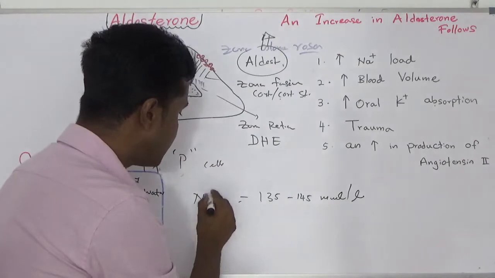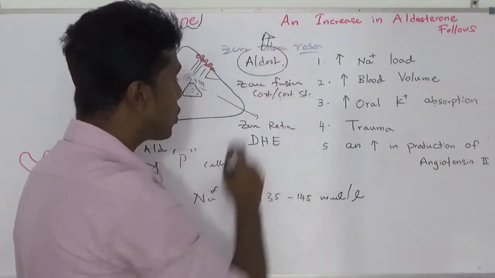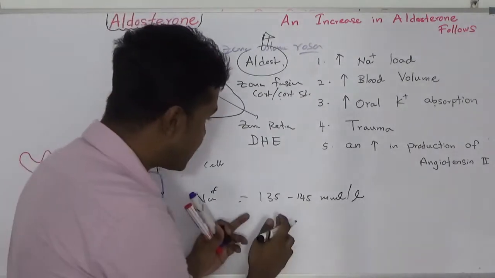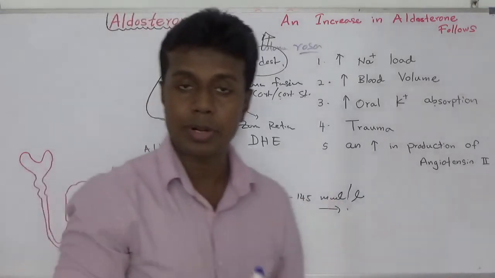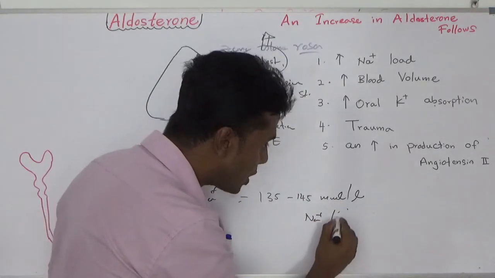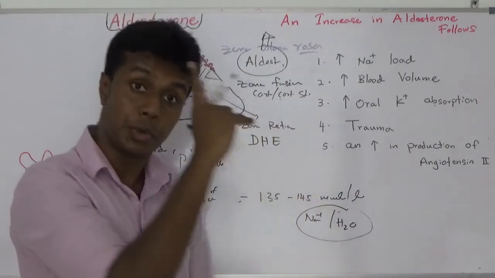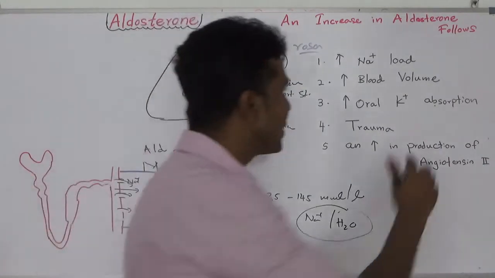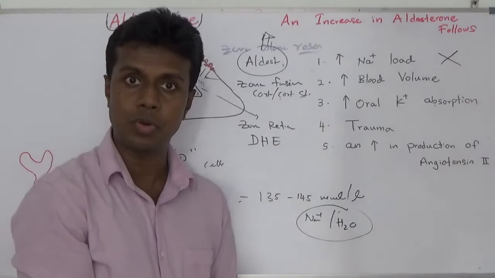Even though you have a high amount of aldosterone, it does not go beyond 145. It is within the normal range. Why? With the sodium, water is definitely reabsorbed. So your sodium load is not going to increase. So the answer is wrong.